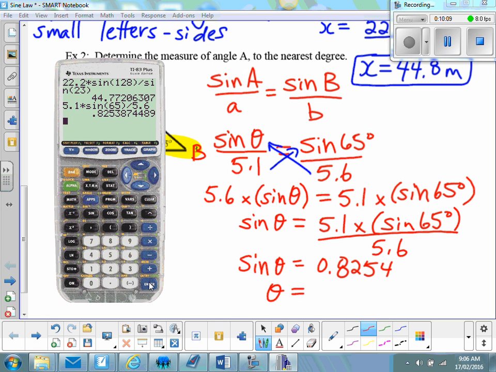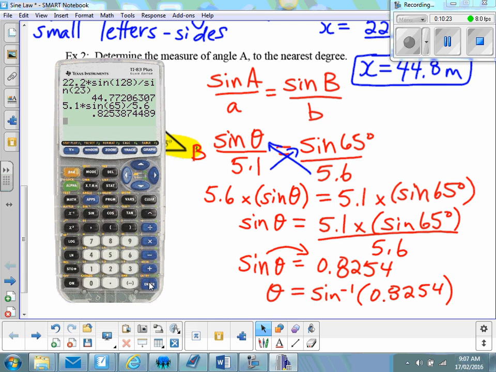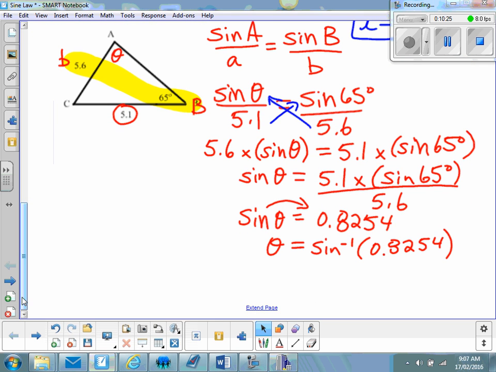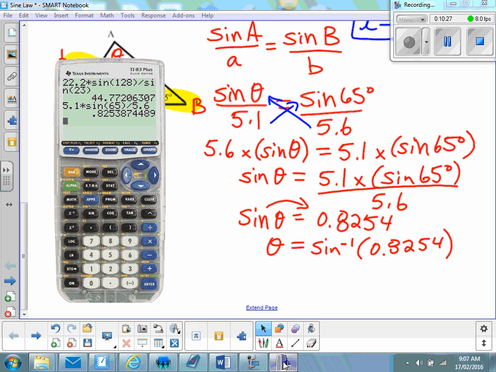I don't want to know what sine theta is equal to. So when I move the sine over to the other side, remember that it changes to sine inverse. So to find the angle, it's like we're working backwards. So I have to put in sine inverse. So second sine gives me sine inverse.